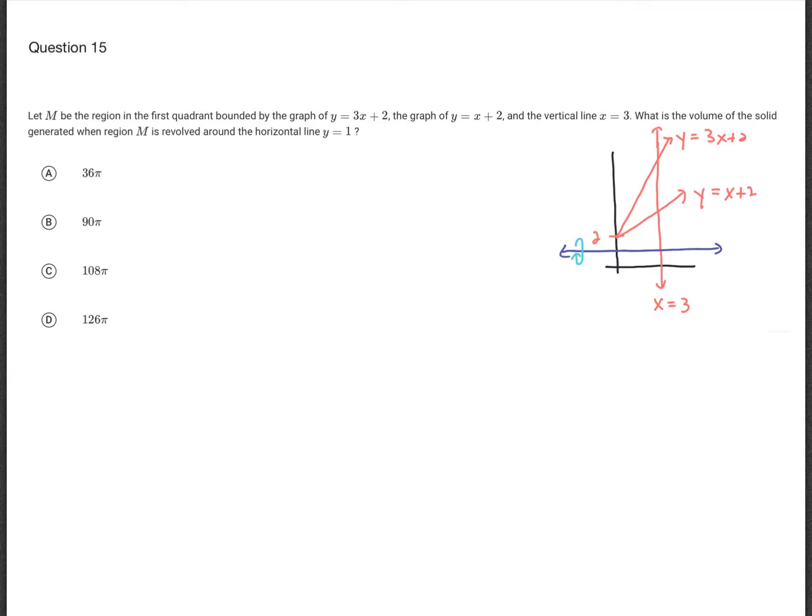So everything's going to be in terms of x. So pretty easy to see. So this will be from 0 to 3. Okay, and we'll do outer minus inner, outer squared minus inner squared.